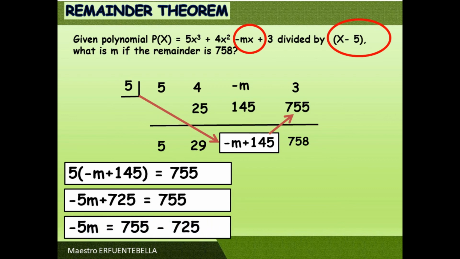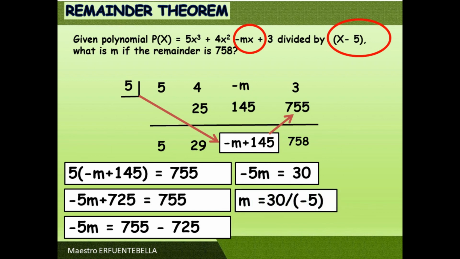Or it is now negative 5m equals 755 minus 725, by the equality property of addition. So negative 5m equals 30. Divide both sides by negative 5. So m is 30 over negative 5, which equals negative 6. So the value of m now is negative 6.